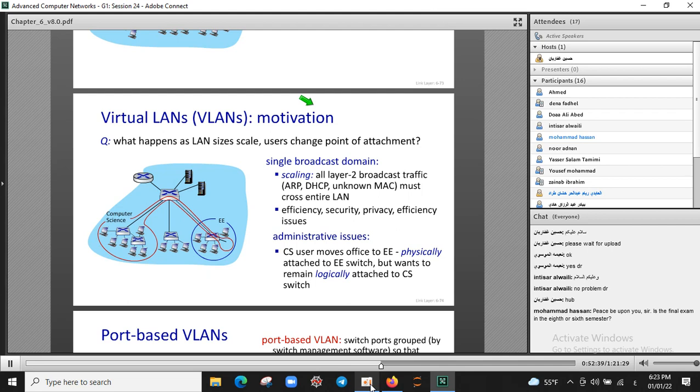I am creating a logical LAN over one or more physical LANs. What does it mean? For example, look at here.